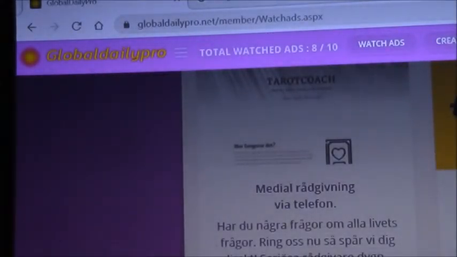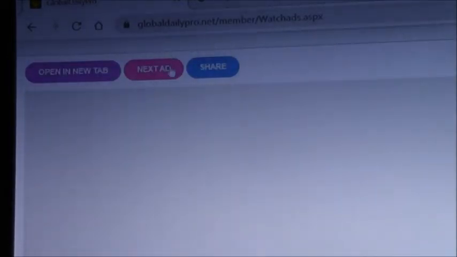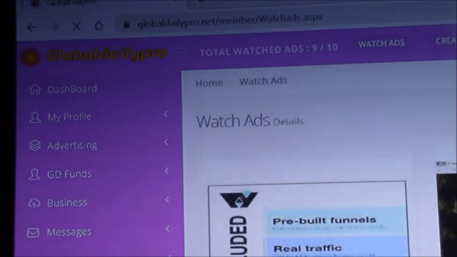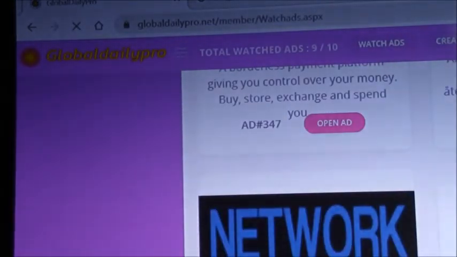So this is very interesting, and when you get commission like the ad packs, either you withdraw your commission until you get $100, or you can buy more ad packs with double your money every day.